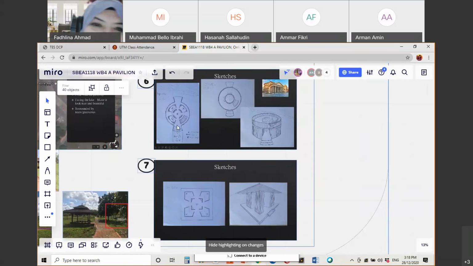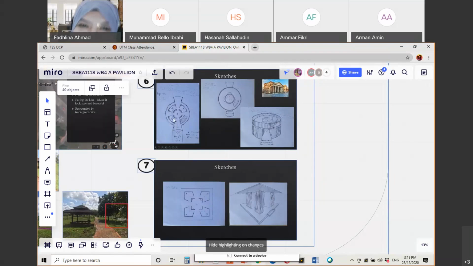Or how does it relate? The same question as the previous question about the precedent study. Like the author said, the sculpture has a dynamic and circulation there. Yes, that is my own idea.